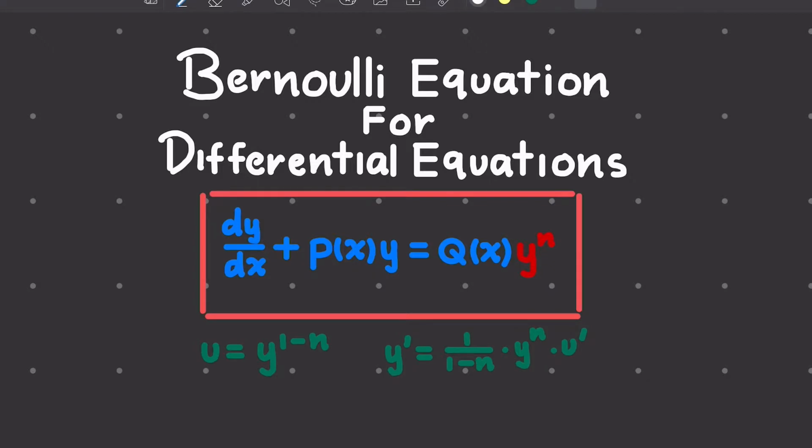After you do the substitution, it will give you a first order linear differential equation that you can solve. You might be confused about what I'm talking about right now, but after I show you the first example, I believe you will feel confident about solving the Bernoulli equation. So without further ado, let's go to the first example.